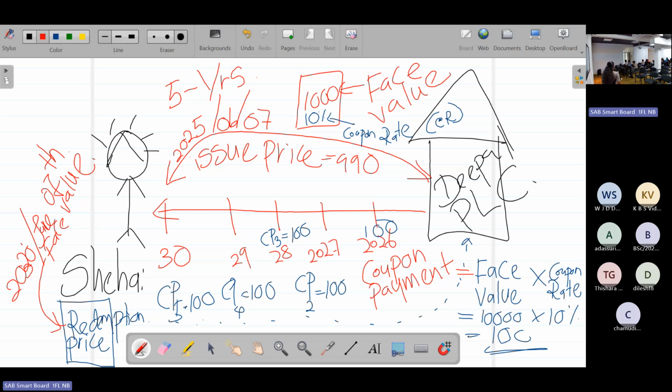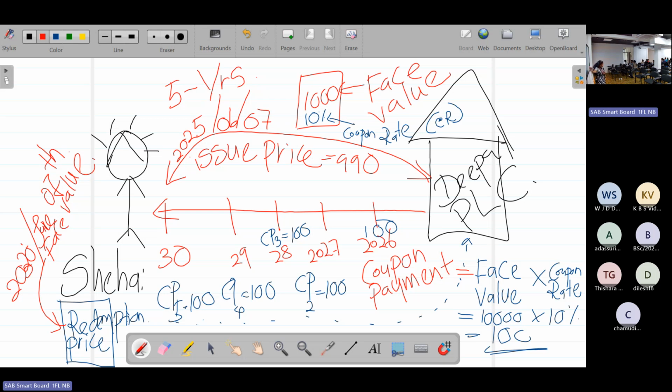So this is the bond valuation lesson. Again, the PLC issued the bonds to Shehan. During the 5 years, the PLC needs to pay 100 rupees to the investor.